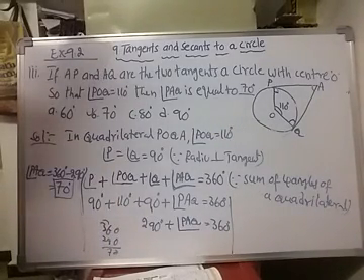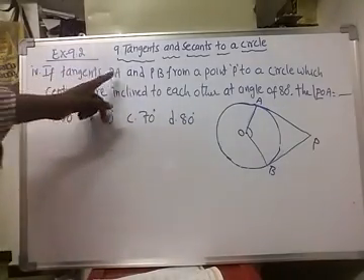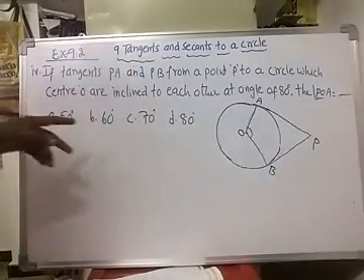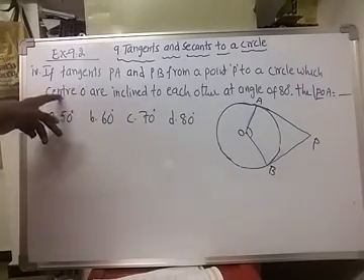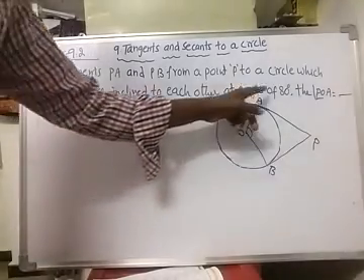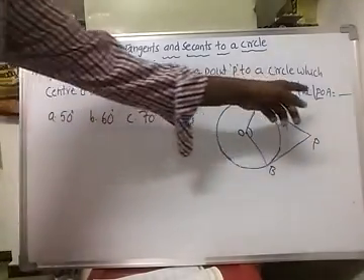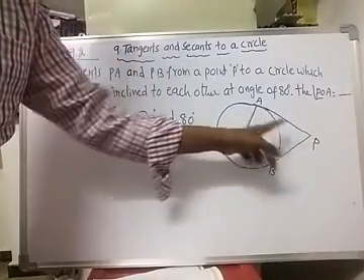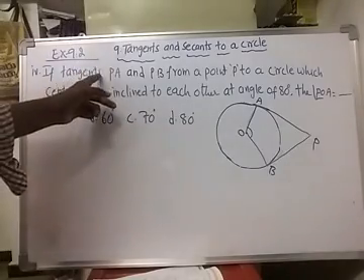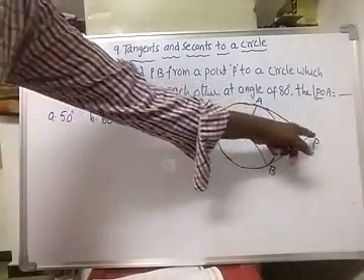Next, the fourth one. If tangents PA and PB from a point P to a circle with center O are inclined to each other at an angle of 80 degrees, then angle POA is how much?